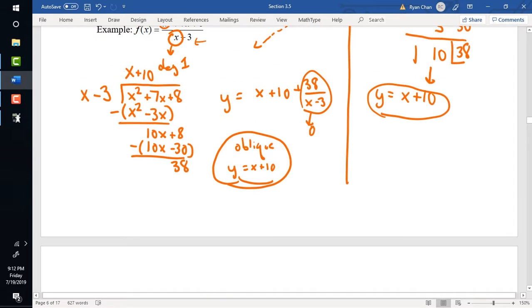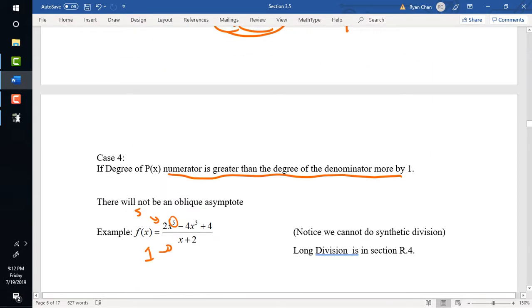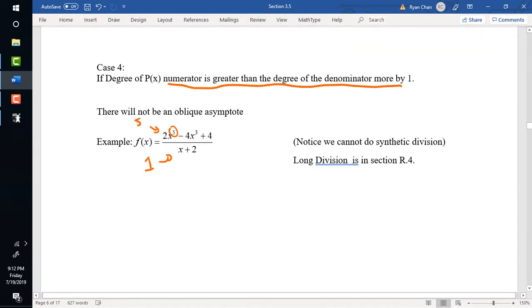Case 3 is if the degree on top is greater than the degree on the bottom by just 1. But if it's more than 1, we will not have an oblique asymptote. In fact, we will have no asymptotes, okay? So that's actually nice. If you know it's larger by more than a degree of 1, then we don't have to worry about that, okay?